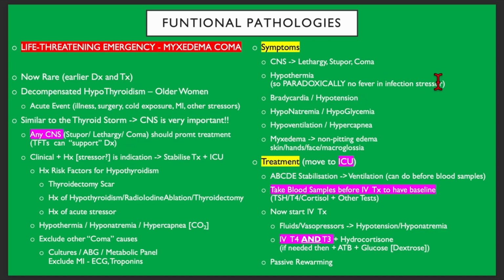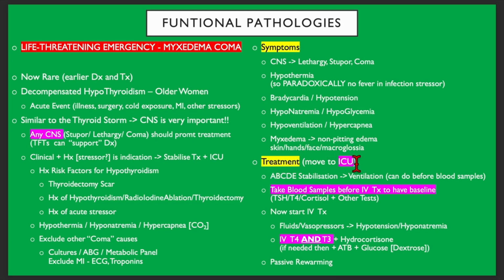If you have an infection, here you will not have fever. So if you don't see fever in such a patient, don't say there is no infection. Try to take the cultures. The cultures never lie, but the fever can lie because this patient is hypothyroid. Bradycardia, hypotension, so basically all the features of hypothyroidism getting exacerbated.